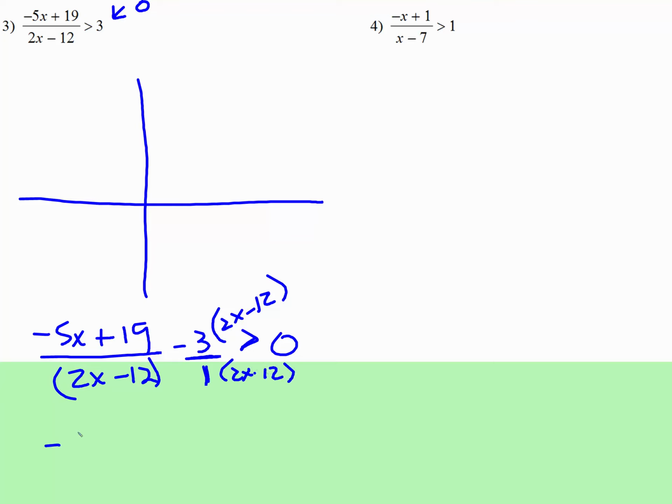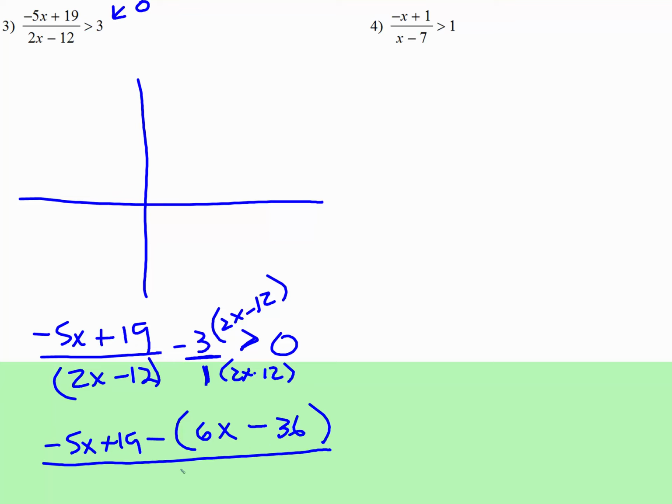When you do that, you end up with 5x plus 19, we're going to subtract all of this, 3 times 2x is 6x, there's a subtract sign, 3 times 12 is 36. Now they share the denominator of 2x subtract 12. We can simplify this now. This says subtract 6x.